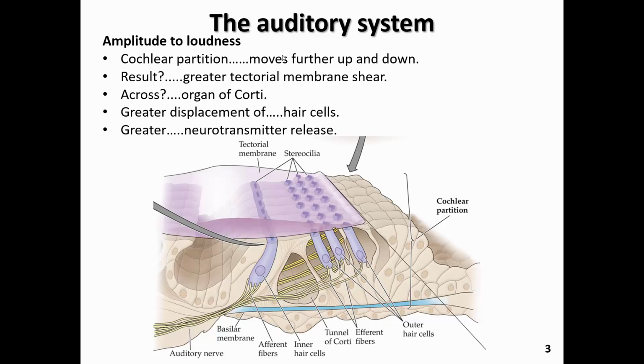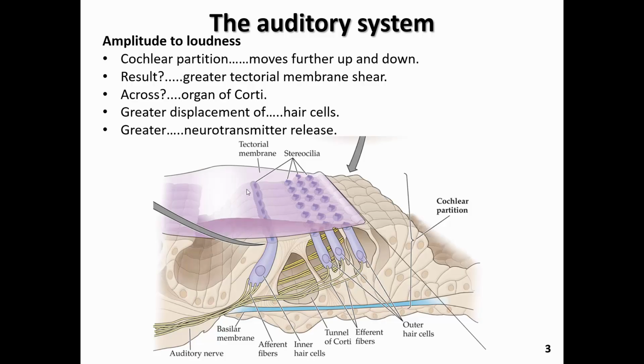Moving further up and down is in reference to the previous slide with the two different amplitude pressure waves coming in from the external environment. As the cochlear partition, and I'll put a box around this at the bottom of the slide shortly, moves further up and down, that will cause a greater shear, a frictioning, horizontal movement, if you will, of the tectorial membrane.